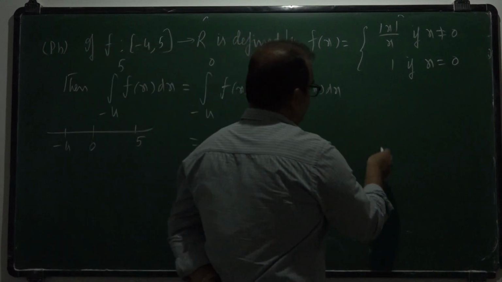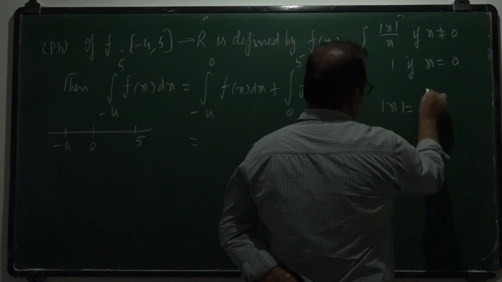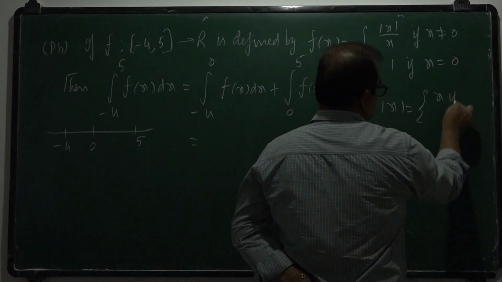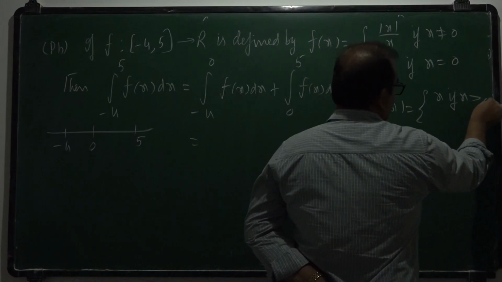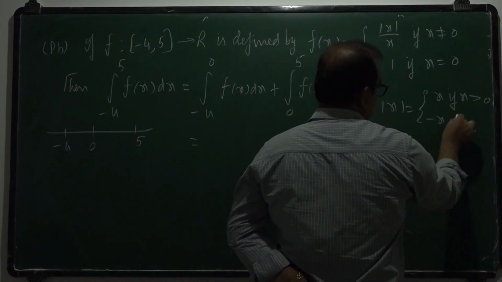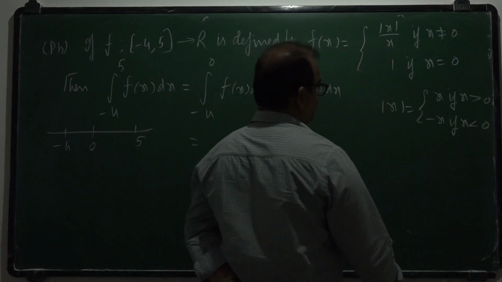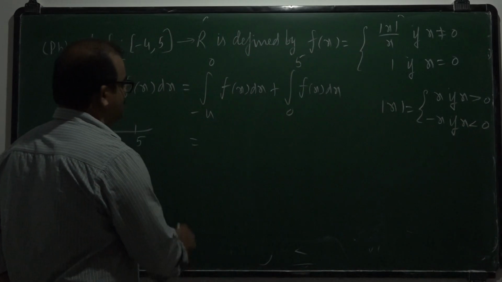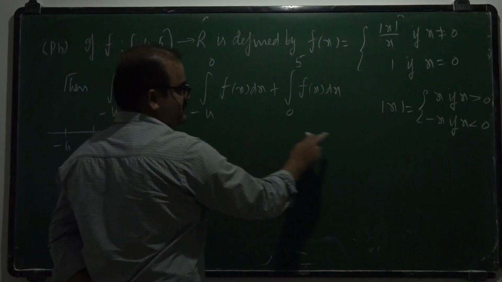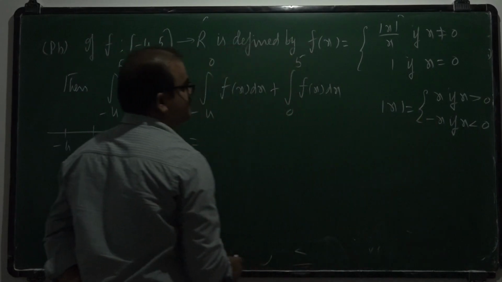We know the definition: mod x is equal to plus x if x is greater than 0, and mod x is equal to minus x if x is less than 0. So when x is less than 0, mod x is minus x.